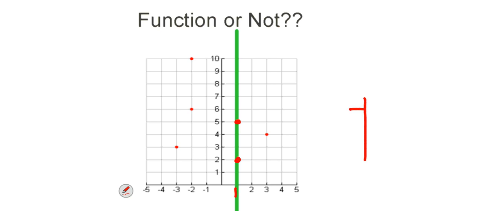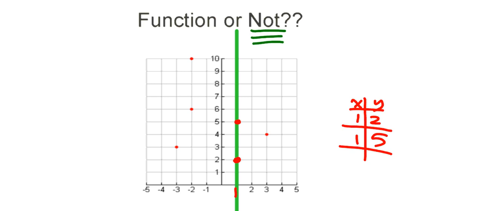If we put this in a table, when x is 1, the first point says y is 2. Well, when x is 1, gosh darn it, y is also 5. We can tell from our understanding of tables, this is not a function. So we could either take our graph and turn it into a table, or just use the vertical line test to show the same thing. This is not a function.